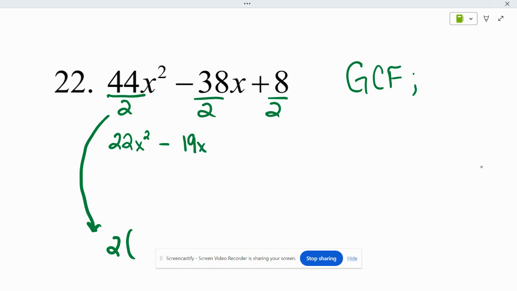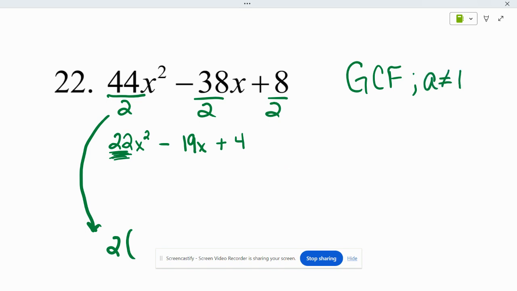Perfect. Negative 19x. Good job. And positive 8 divided by 2 is? 4. Okay. So does A equal 1? Is my leading coefficient 1? 22 equals 1? No. A does not equal 1.